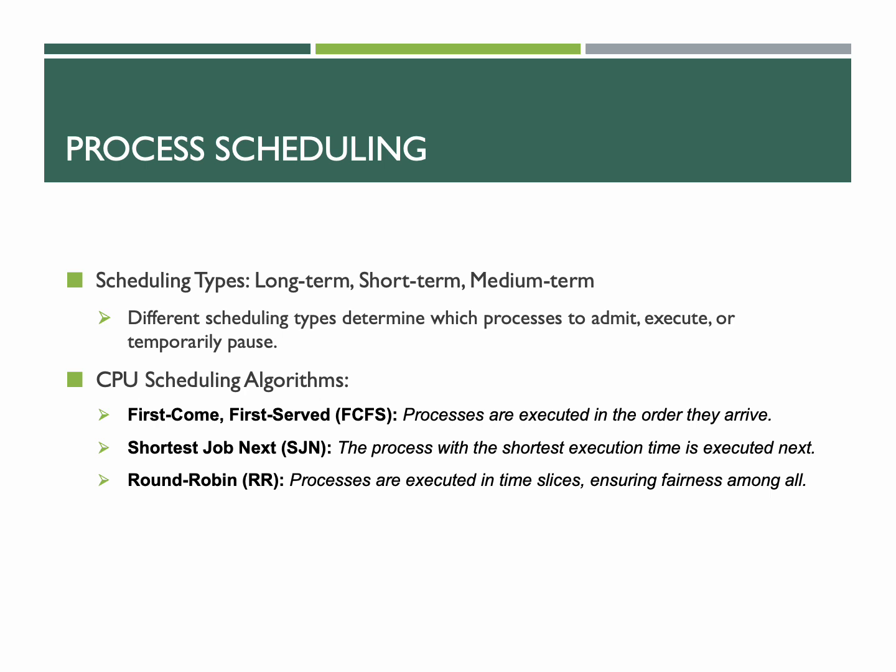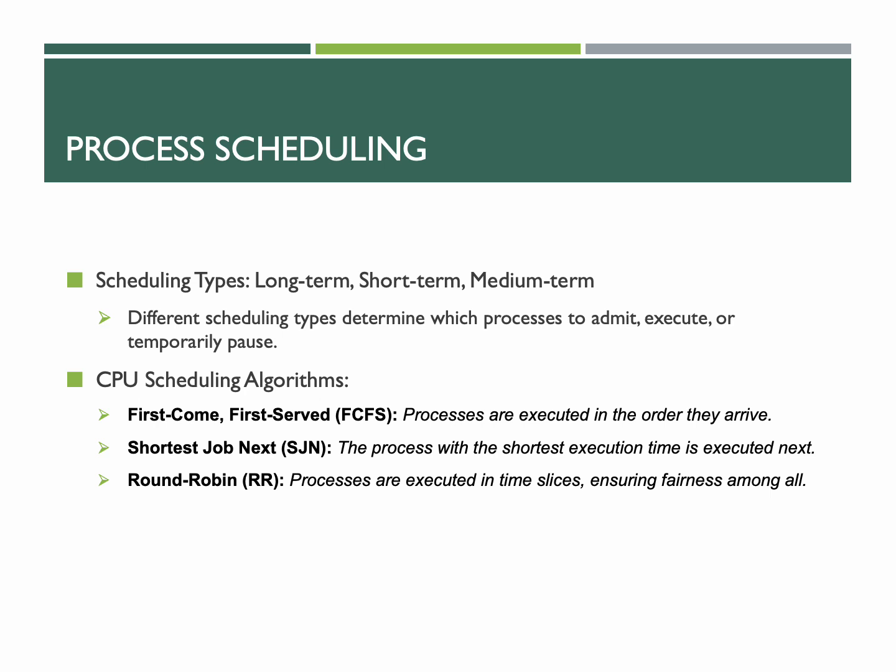Okay, next is shortest job next, SJN. The process with the shortest execution time is executed next, minimizing average wait time. This is how it works.